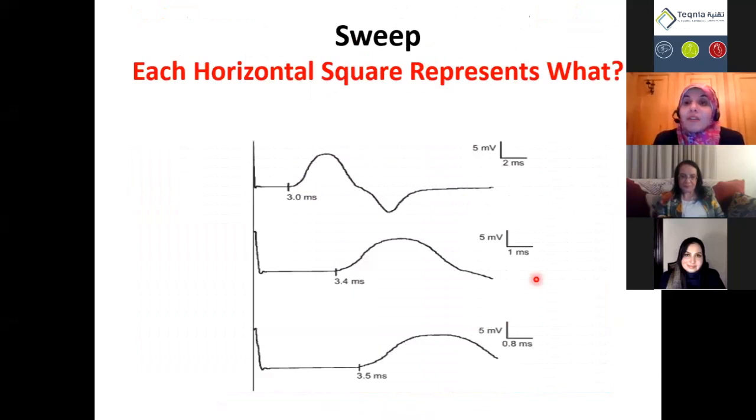Let's talk about the sweep. The sweep is the horizontal, not the vertical. When every horizontal square represents more time, we expect the response to be broader. And this is not just the morphology of what we see, it is what we calculate.